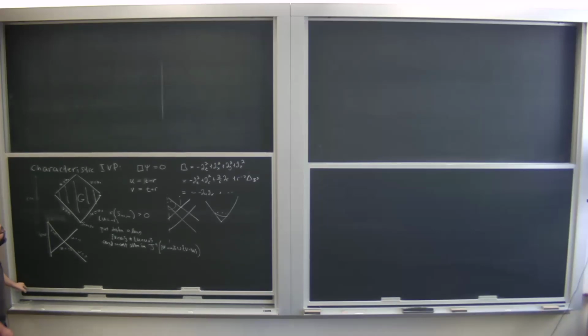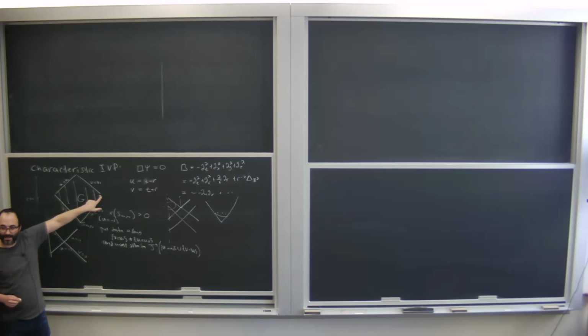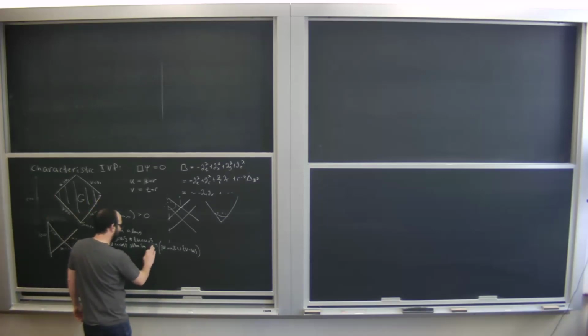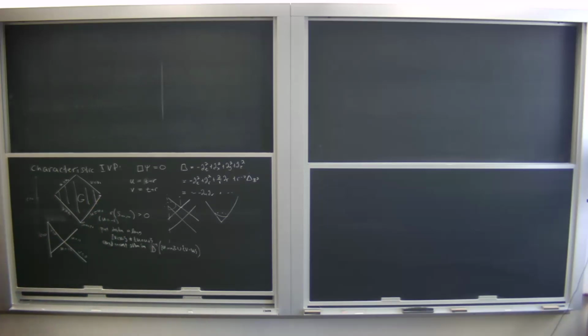No, no, no, it's compact, because my data I'm only putting on a compact set. Oh my God, I wrote the wrong thing. I mean D, the domain of dependence. I just made a typo. Yeah, it is far away from r equals 0.